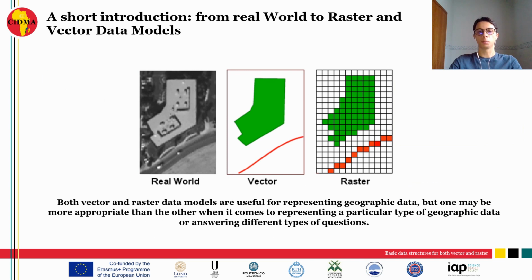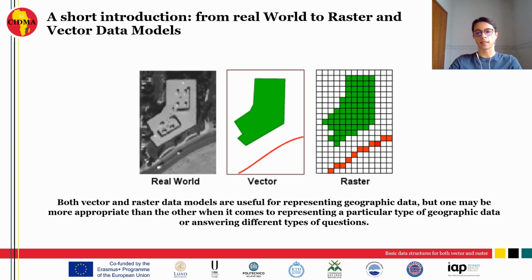As you can see in this picture, both vector and raster models can be used to represent any kind of geographic element in the real world. For example, in this case, we have a building and a road. With the vector data model, the building has been represented through a polygon, and the road has been represented through a line.